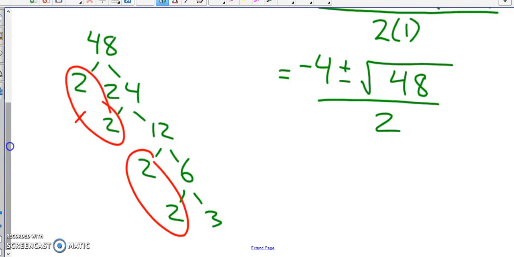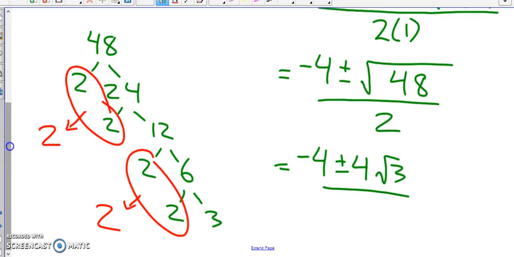Remember, this acts like a single 2. This acts like a single 2. 2 times 2 is 4, and there's a 3 left over. So this is negative 4 plus or minus 4 square roots of 3 over 2. And notice that both of the 4's are divisible by 2, and you end up with negative 2 plus or minus 2 square roots of 3.